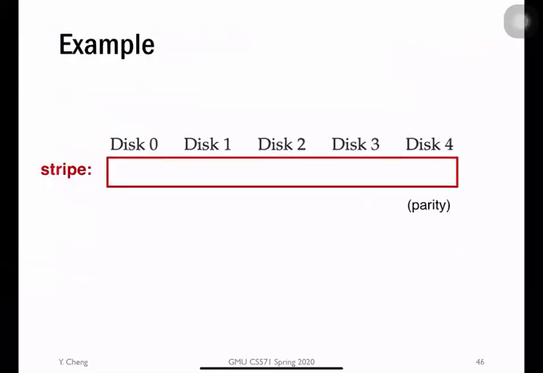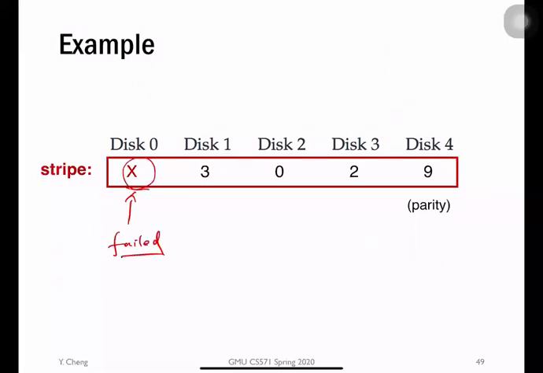All right, so let's say we're looking at the first stripe, and the 5th chunk within the stripe is the parity chunk. In this case, let's assume we use addition. The regular data chunks are 4, 3, 0, and 2. Adding these 4 elements together gives you 9, so the parity chunk is 9. Let's say at a single point of time, disk 0 failed.